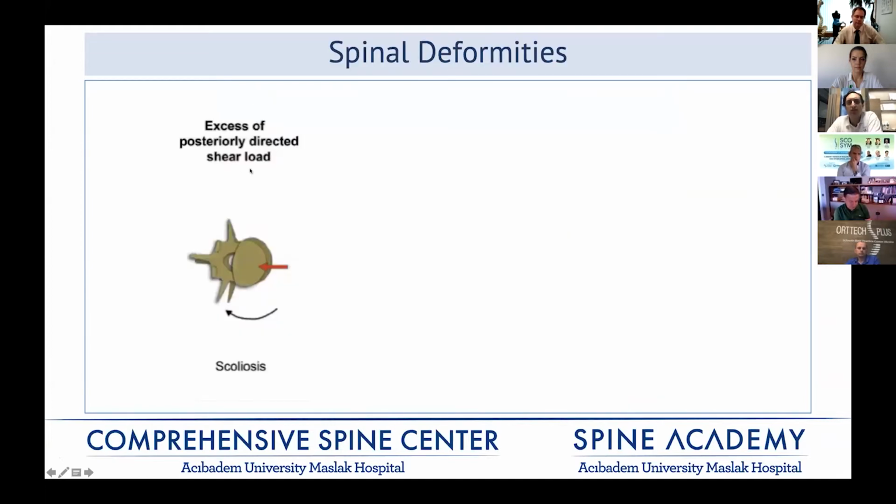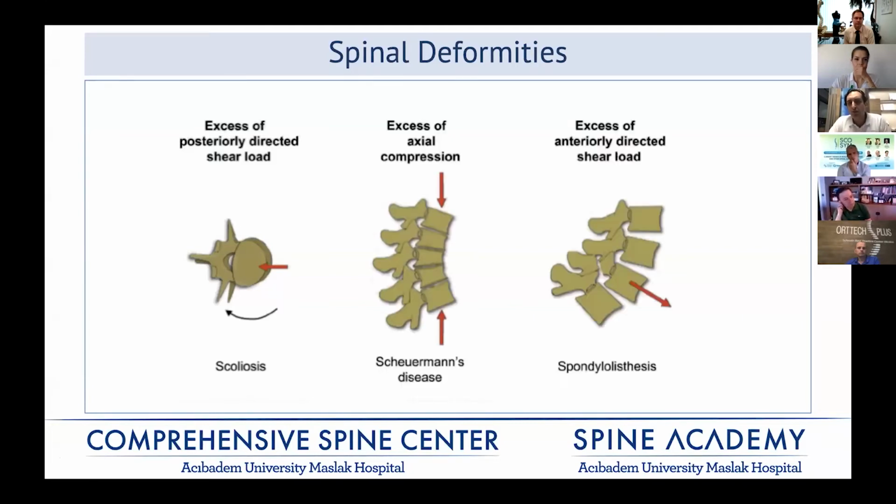And we know that if we have more loads than we can carry, if there's an excess of posteriorly directed shear loads, this creates a posterior and rotational instability, which in the coronal plane turns into scoliosis. And not today's topic, but Scheuermann's and spondylolisthesis are also excess of loads in other directions.